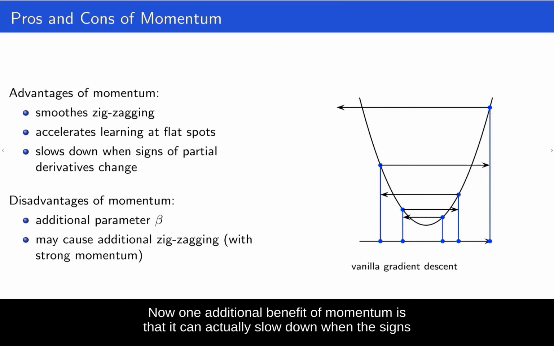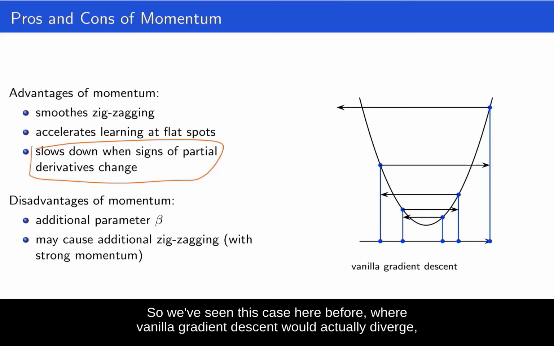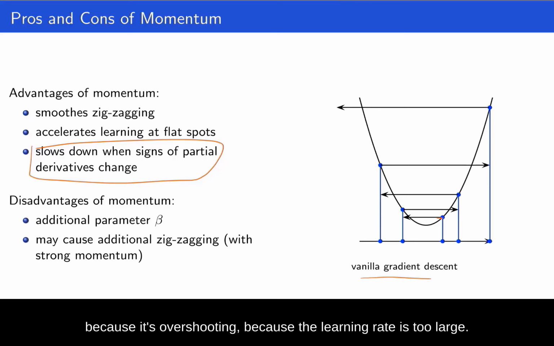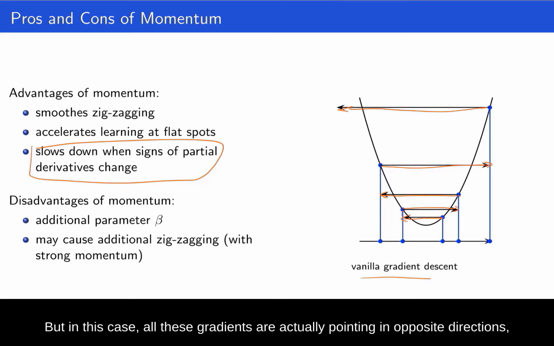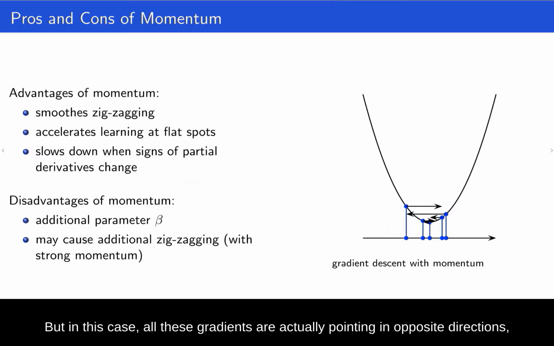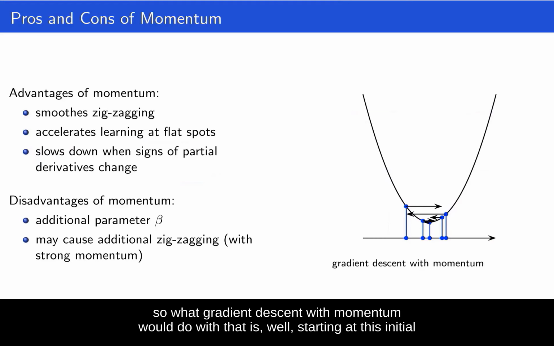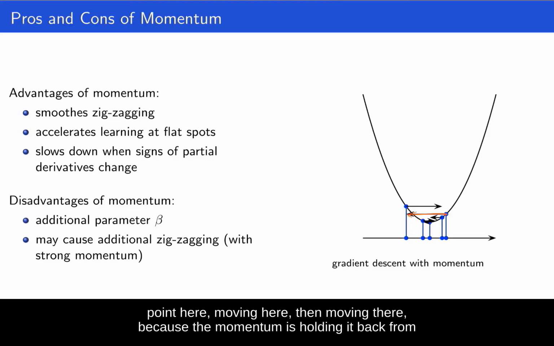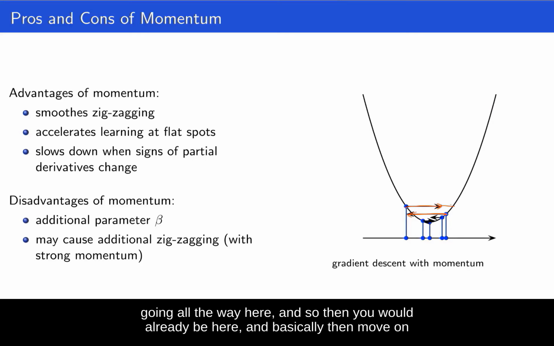Now, one additional benefit of momentum is that it can slow down when the signs of our partial derivatives change. We've seen this case here before, where vanilla gradient descent would diverge because it's overshooting, because our learning rate is too large. But in this case, all these gradients are pointing in opposite directions. So what gradient descent with momentum would do is, starting at this initial point here, move here, then move there, because the momentum is holding it back from going all the way here.